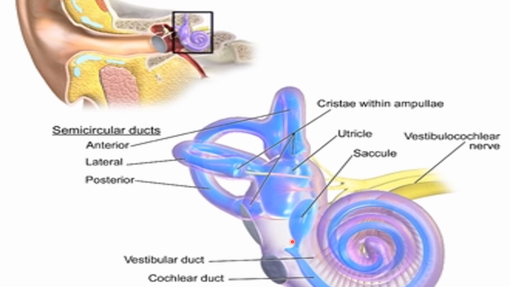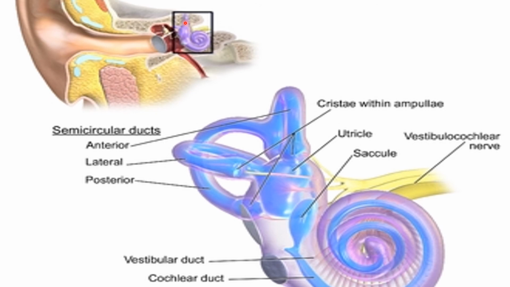So, to summarize the parts of the ear, the external ear consists of the pinna, the auditory canal and the tympanum. The middle ear consists of the ear ossicles, the eustachian tube, the round window and the oval window. And the internal ear consists of the cochlea, the utricle and saccule and the semicircular canals.